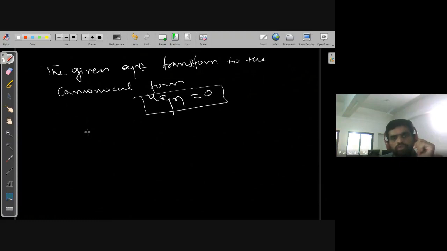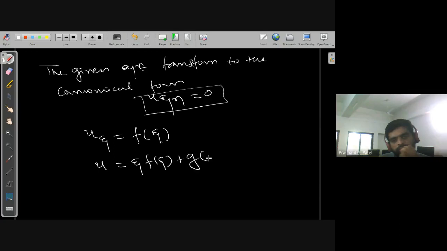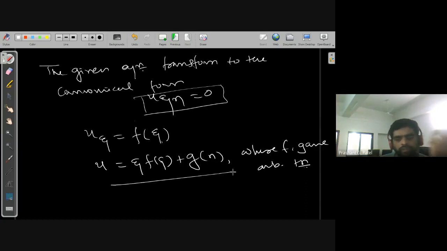And so the solution is, when you integrate with respect to η, u = ξ f(ξ) + g(η), where f and g are arbitrary functions. Now, if you substitute the values of ξ and η, that gives your final answer.